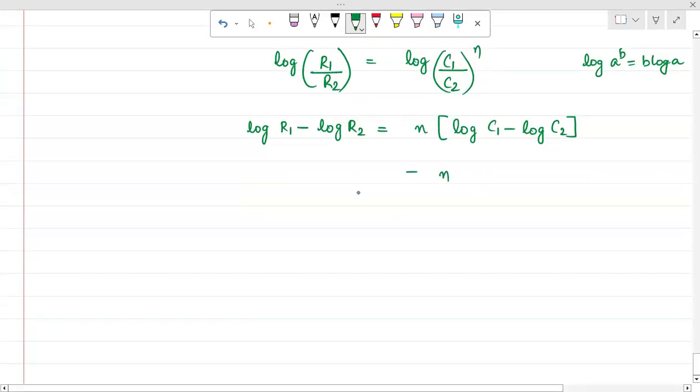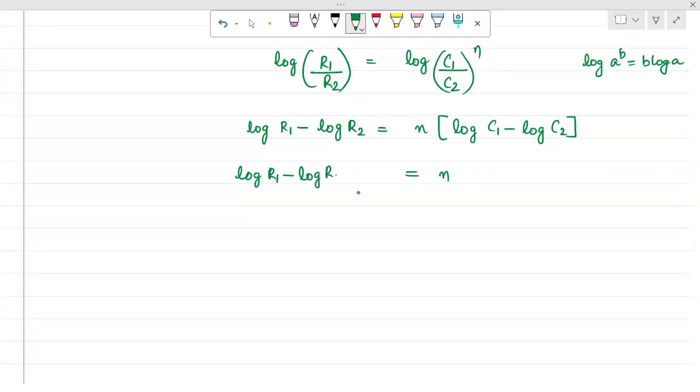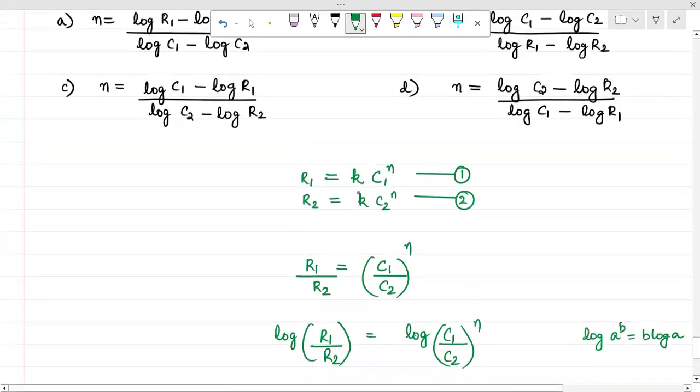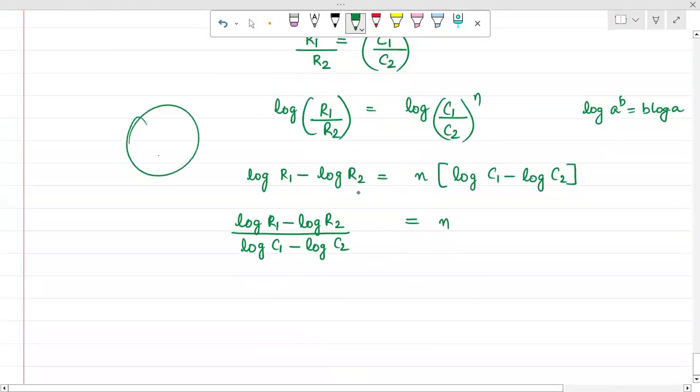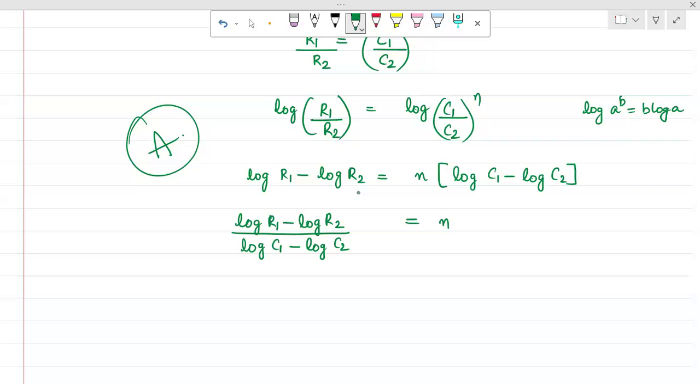So n is equal to log of R1 minus log of R2 divided by log of C1 minus log of C2. So if we look at the options, it's option A. Once you know the relation, and if you're confident with your basic mathematics, you can do this very easily.